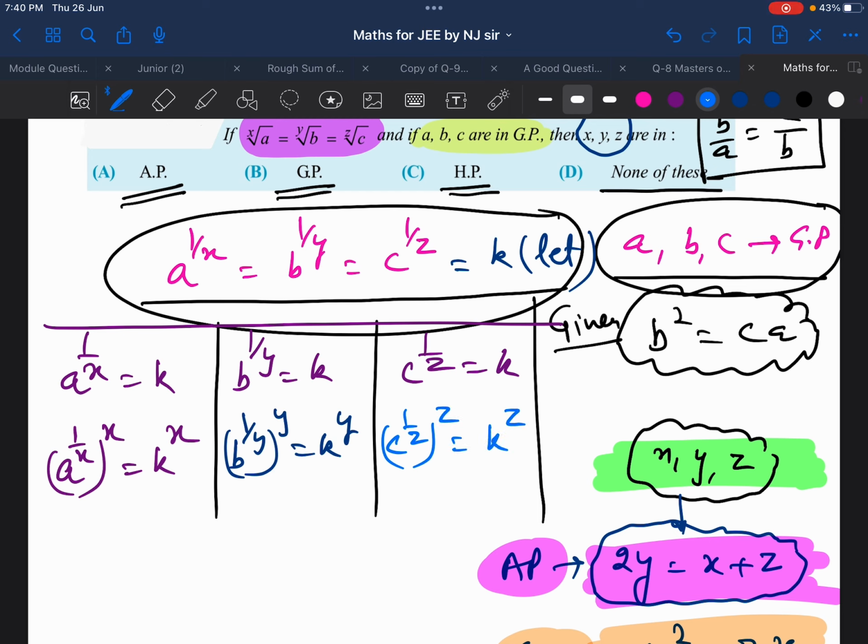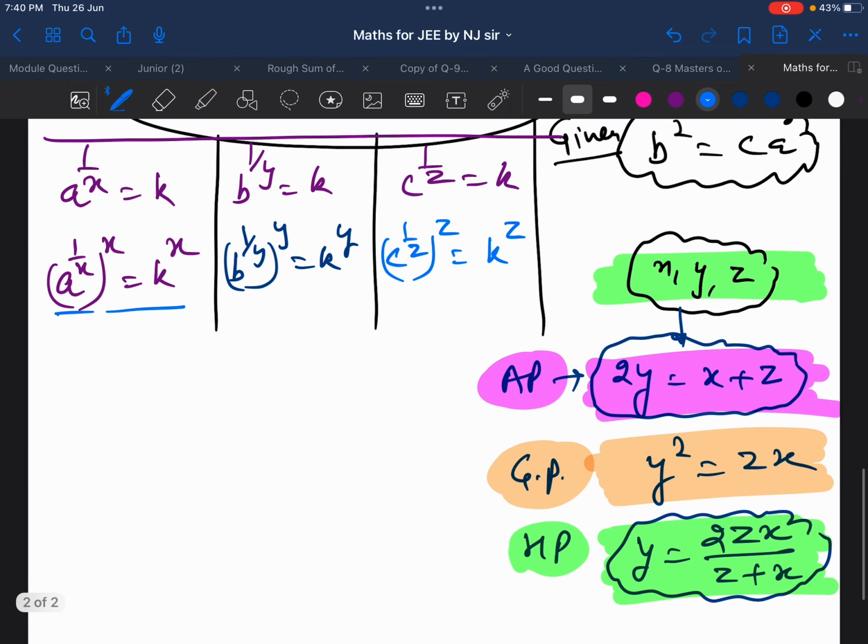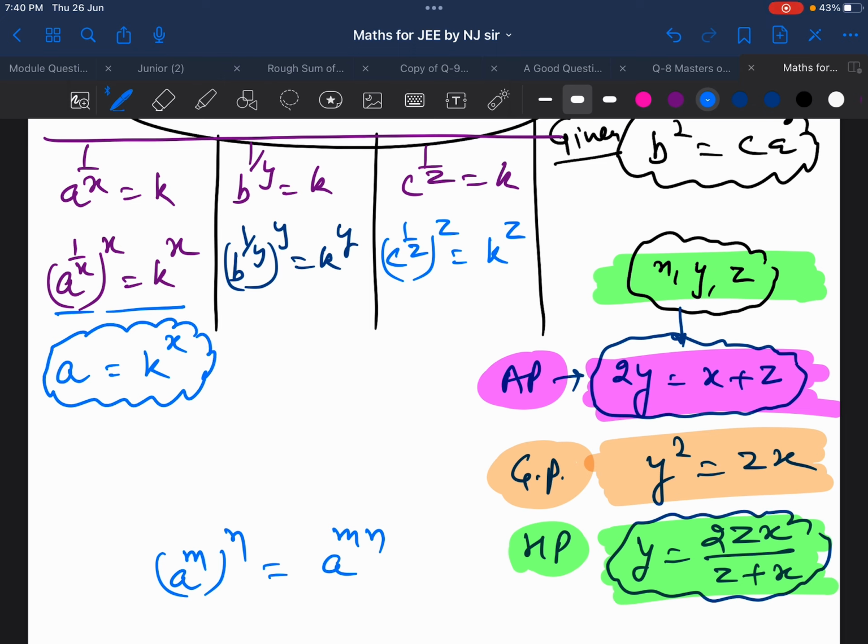Now let us see what happens in next step. As I know, by using rules of exponents, a raised to power m raised to power n can be written as a raised to power mn. So in next step I can see a raised to power 1 by x into x, that will be cancelled out. So I can write a equal to k to the power x.